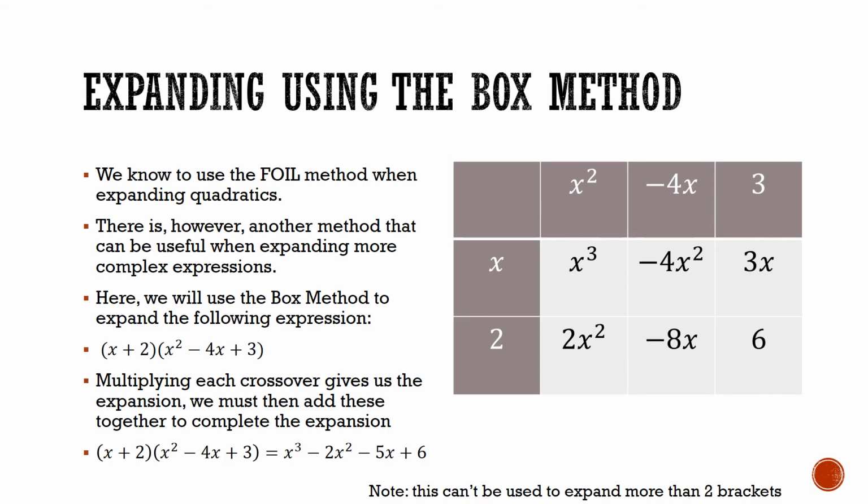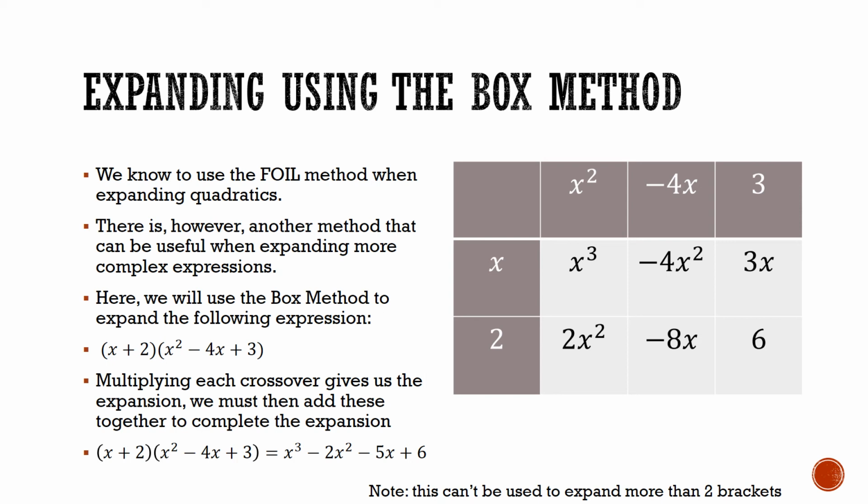So the first method that we are going to be using in order to expand is the box method. Now the box method is something that's been taught more recently, particularly in primary schools and junior high schools, about multiplying, but it works really well when expanding out algebraic expressions.